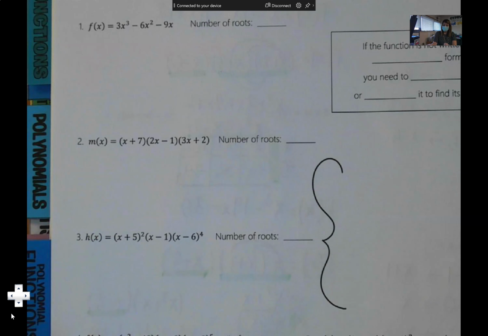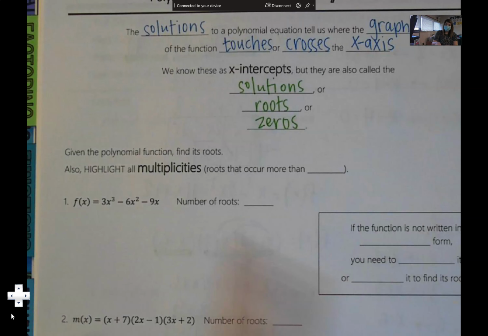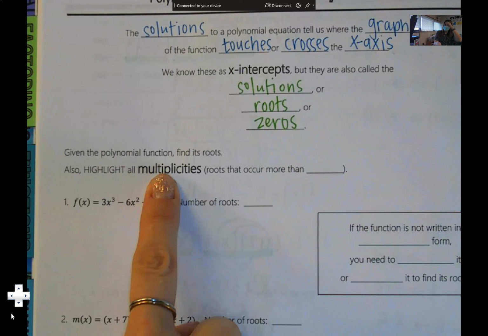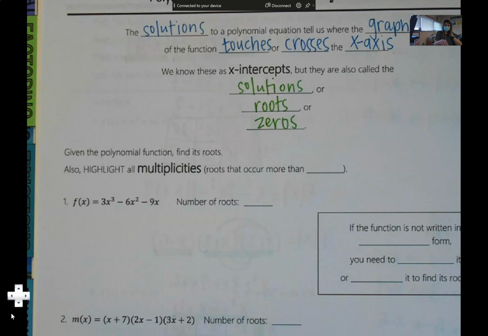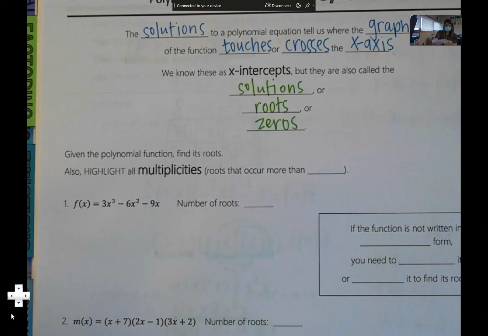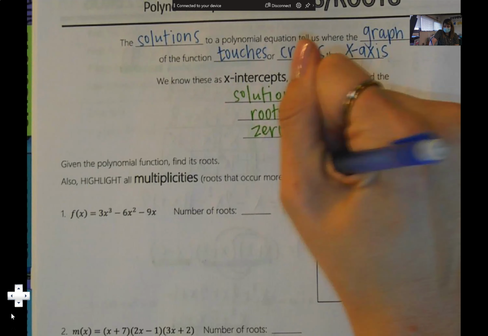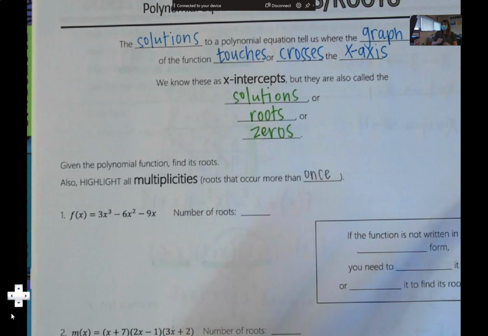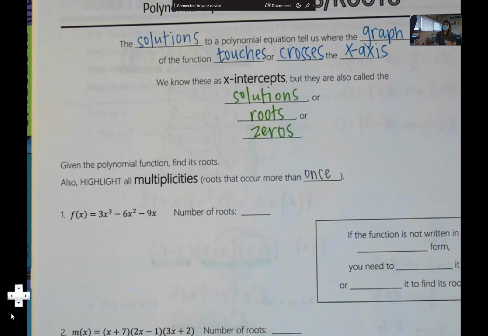So on all of these down here, it wants us to find the roots and highlight multiplicities. So we've been exposed to multiplicities before. These are roots that occur more than once. I'll give you an example of that in just a second. So multiplicities are roots that occur more than once.